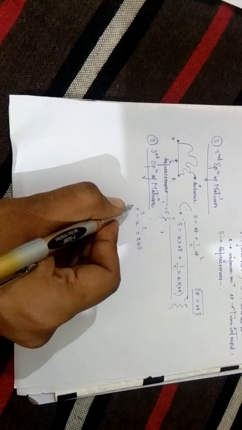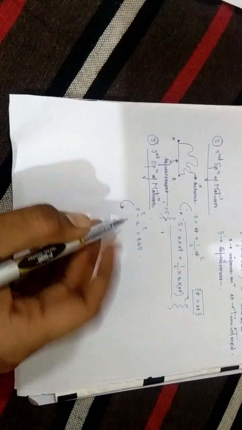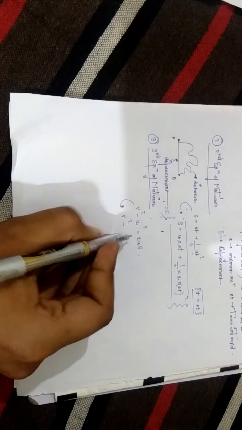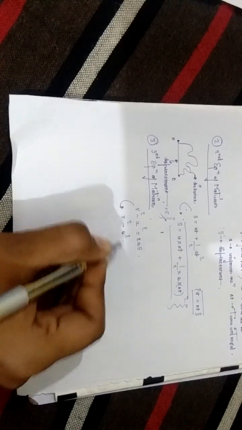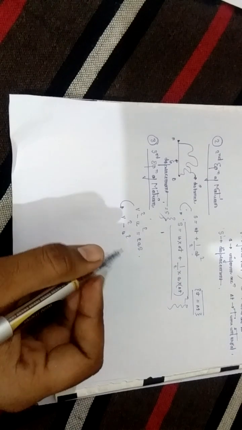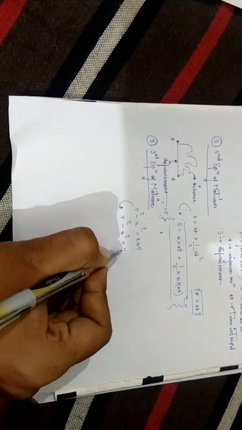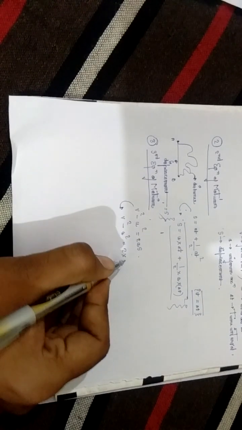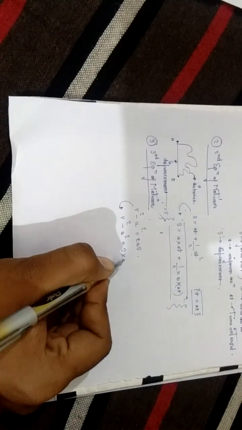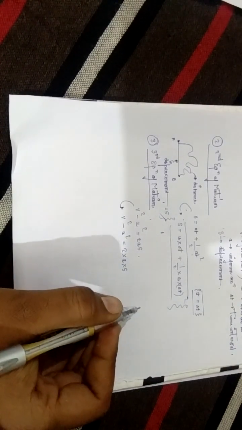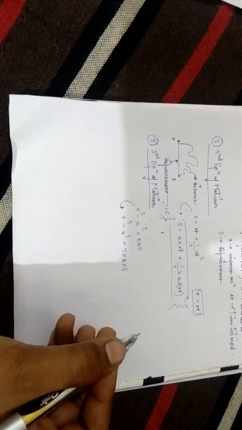Again, the square of the final velocity minus the square of the initial velocity when the body begins to move is equal to 2 into acceleration, which is uniform, times the displacement the body makes.